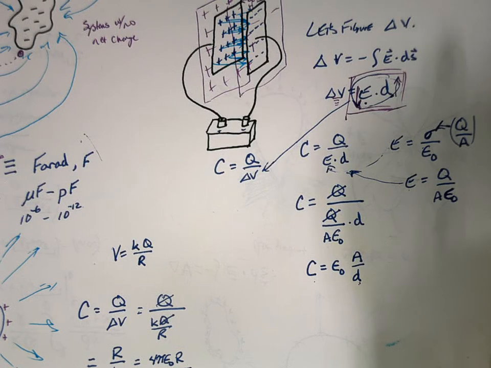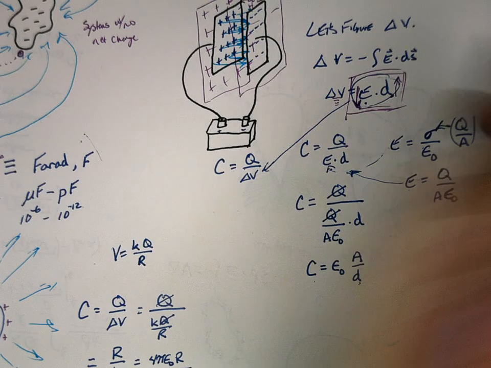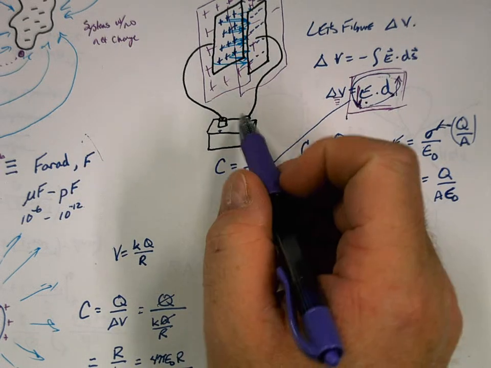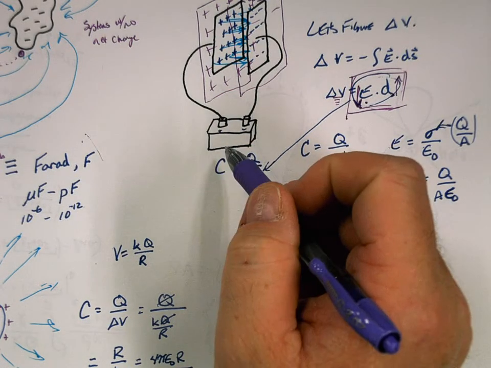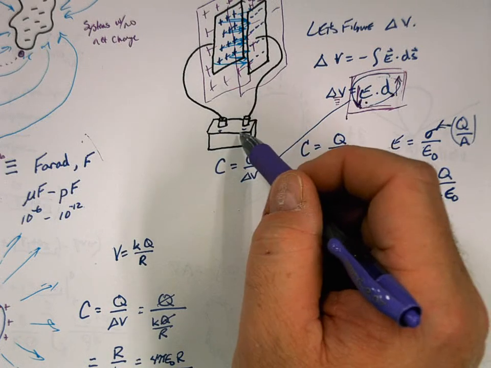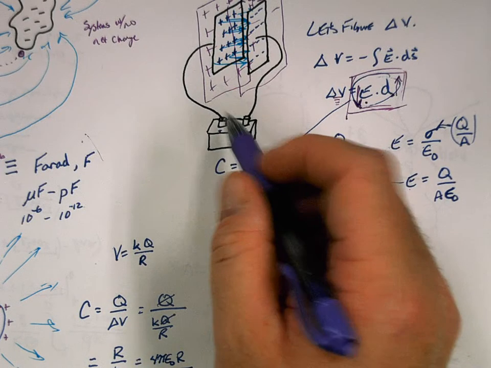So the battery has nothing to do with the total capacitance. It has a little bit to do with how fast it reaches its full charge. We haven't really talked about what a battery really is yet, but a battery is a circuit's ability to boost potential. What the battery does is create a potential difference between the two sides of the plates.